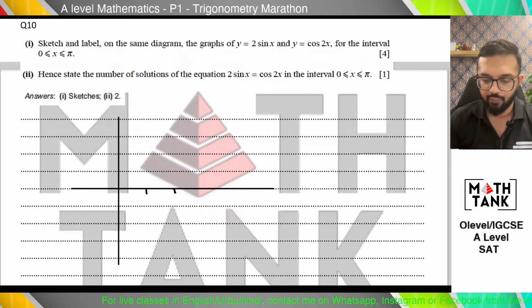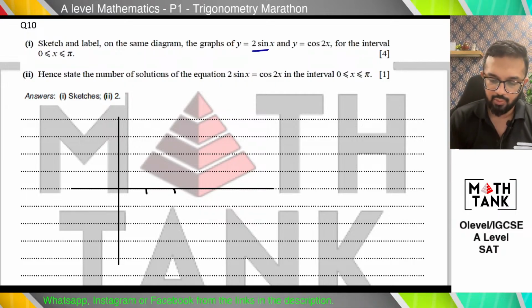I have my tables on my calculator, so I'm going to use it to solve this question. If it starts from 0, 2 sine x would just be something like this, 1 and 2.